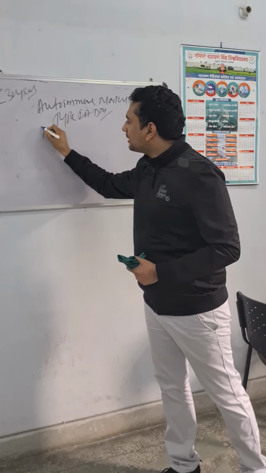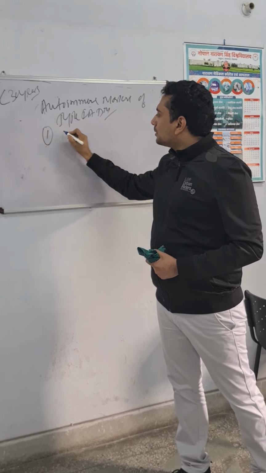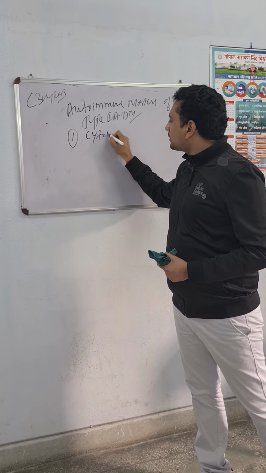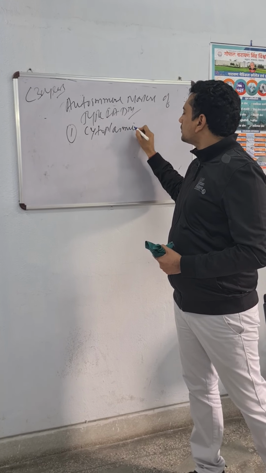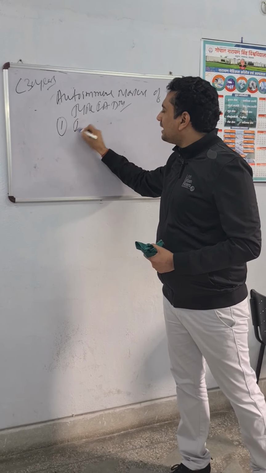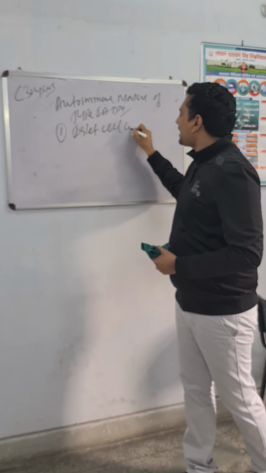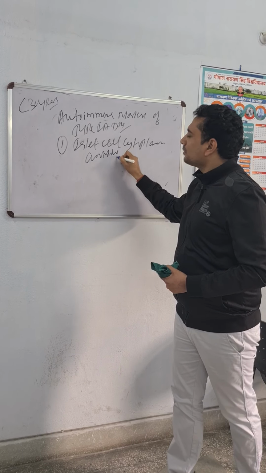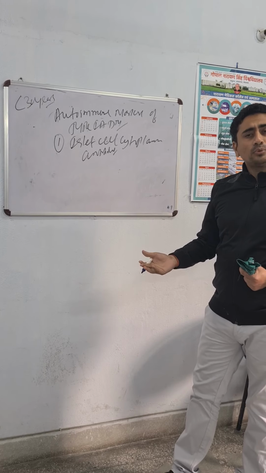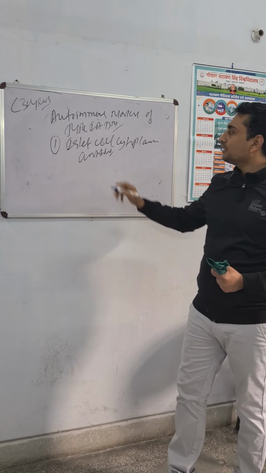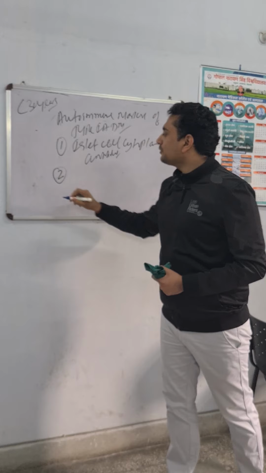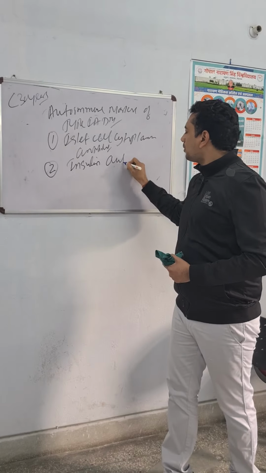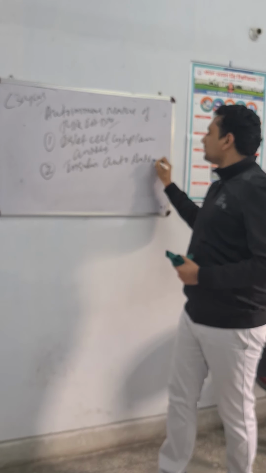There is a presence of islet cell cytoplasmic antibodies in the serum of those people who are prone to develop type 1 diabetes mellitus. Then there is a presence of insulin autoantibodies in serum.